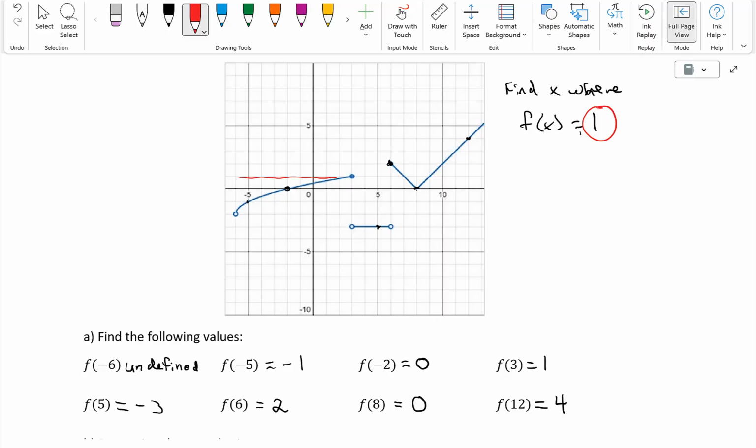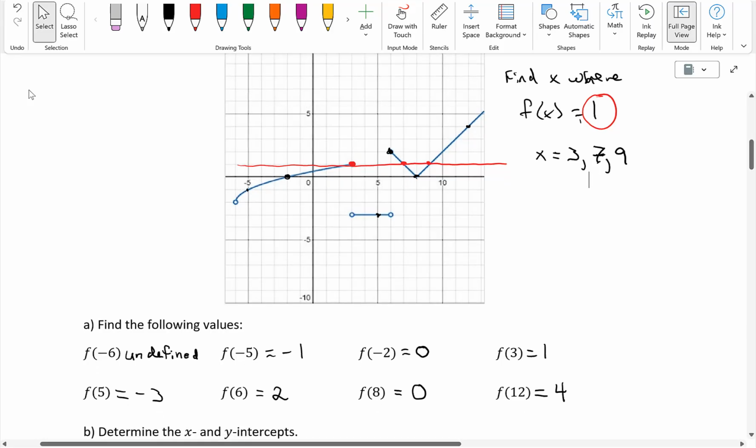So we're kind of looking along this line, and we can see it intersects or hits our graph 3 times. So there's 3 x values that give us a height or a function value of 1. Those x values, we saw a couple when we did the work, but we've got one at 3, one over here at 7, and a third one at 9. So there's 3 x values that give us the same y value here.